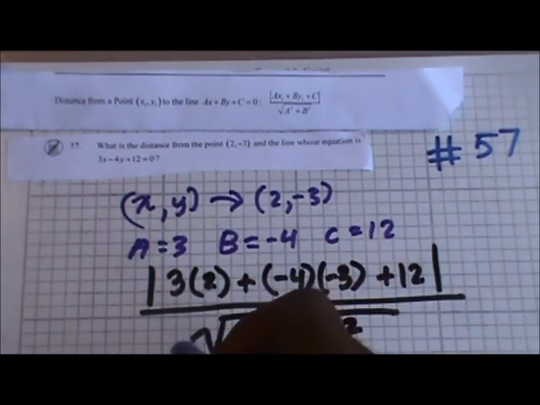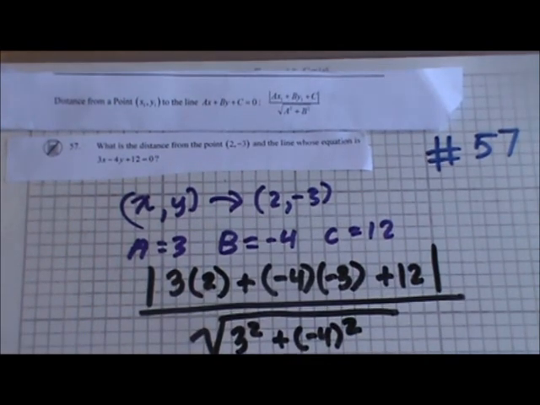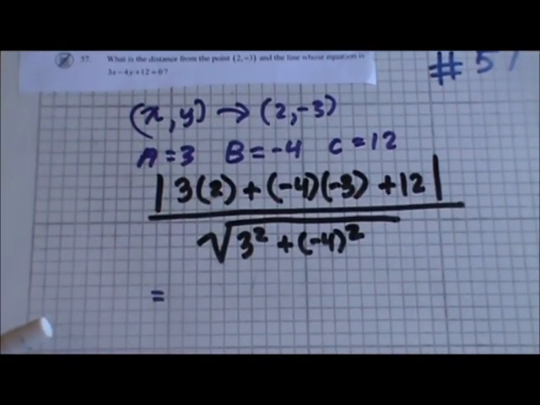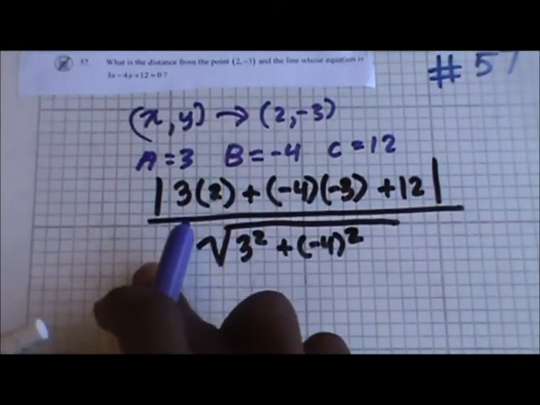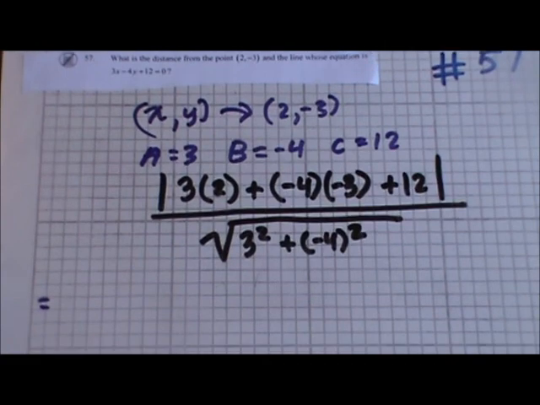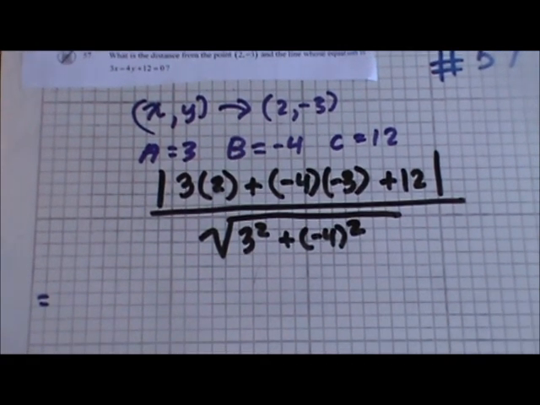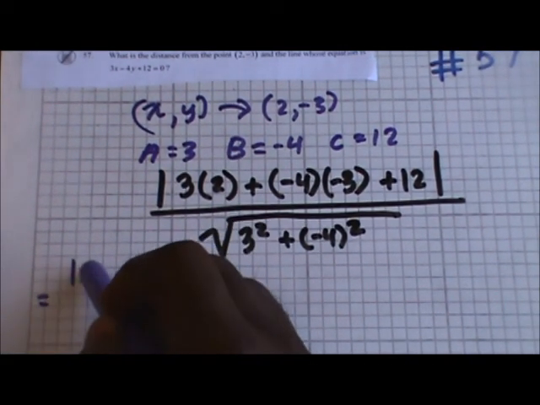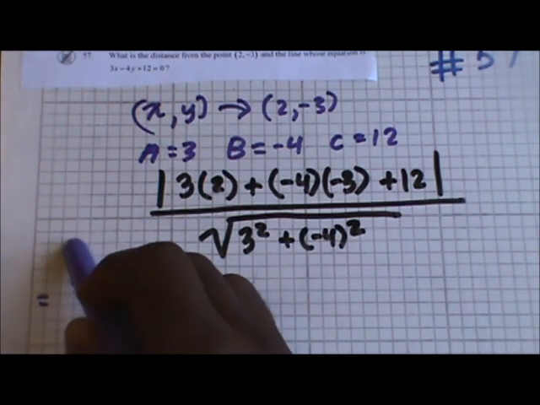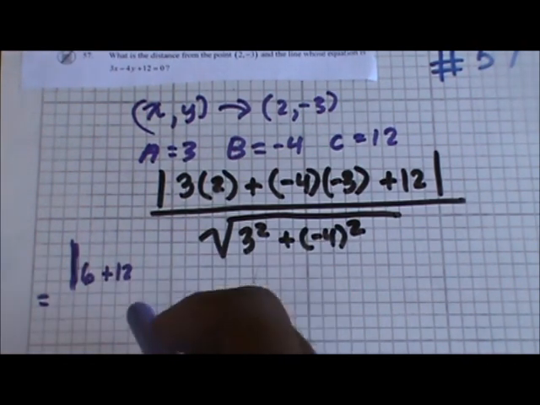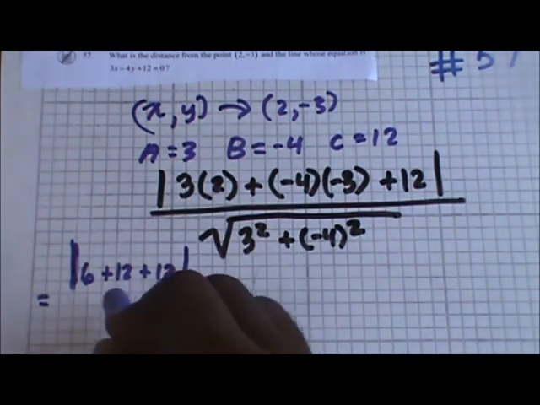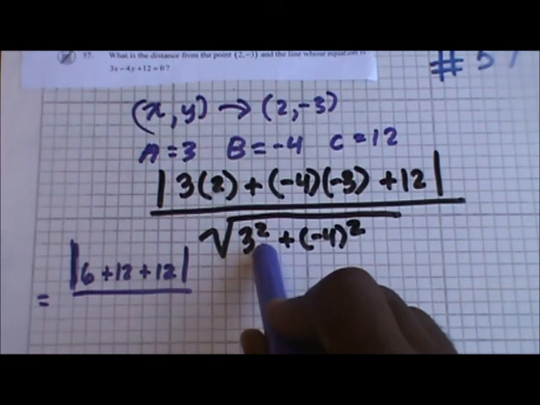Let's simplify that. If we simplify that, we have the absolute value of 6 plus 12 plus 12, all over, well, think about this for a second.